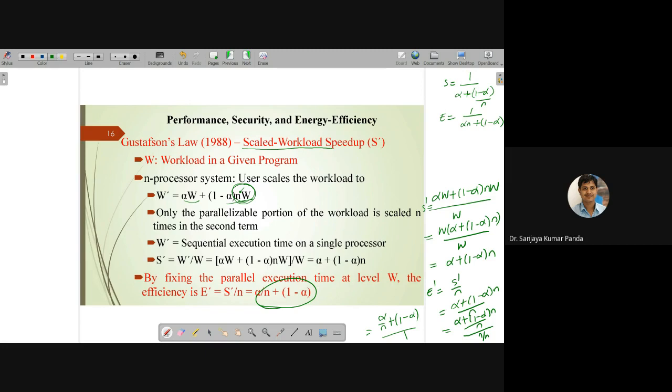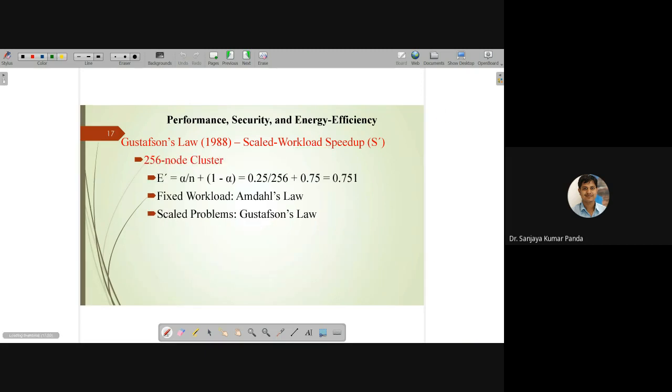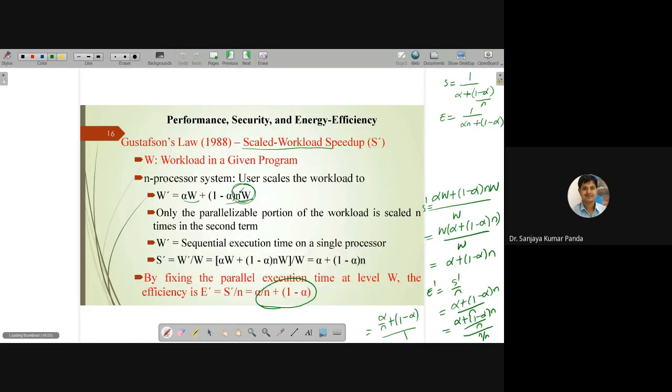Now let us take an example so that you can see the difference between a fixed workload and a scaled workload. So what you got here: E days is nothing but alpha divided by n plus 1 minus alpha.